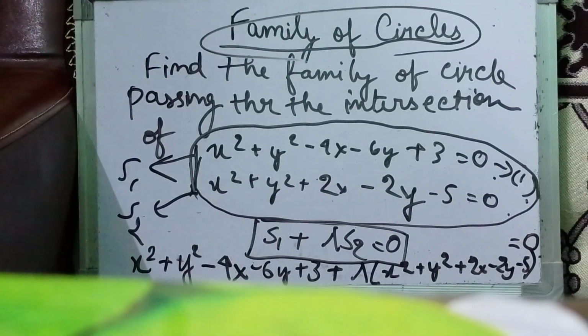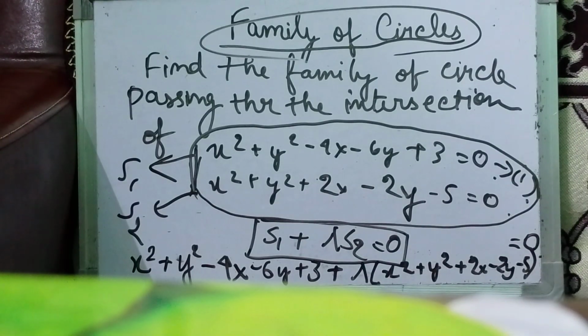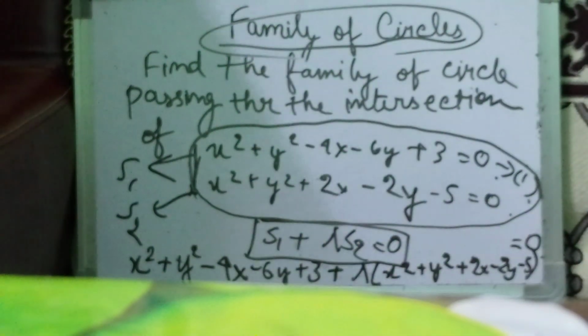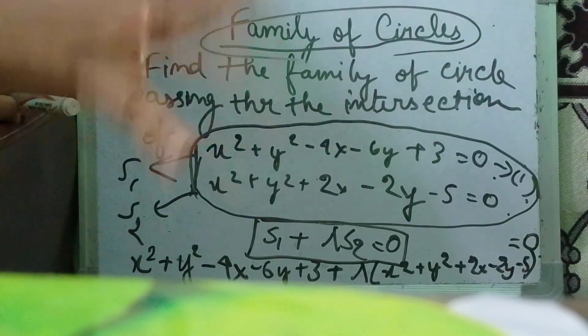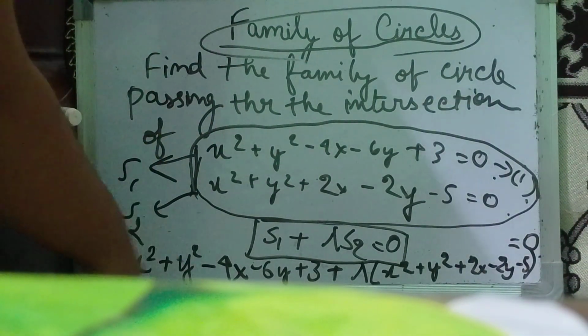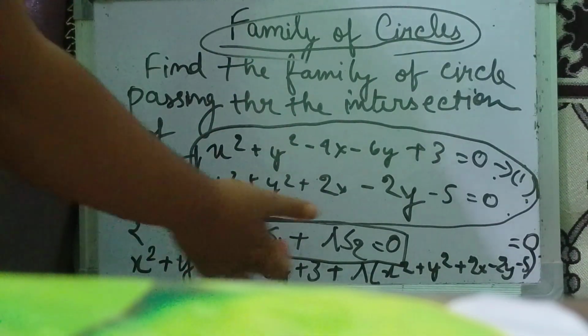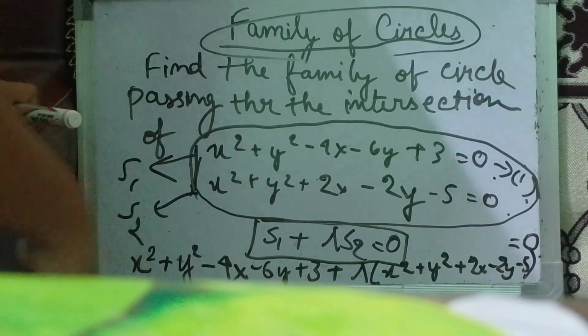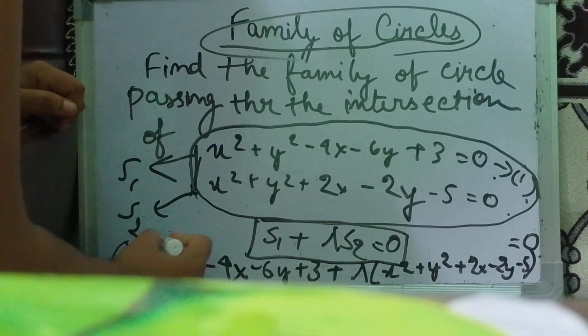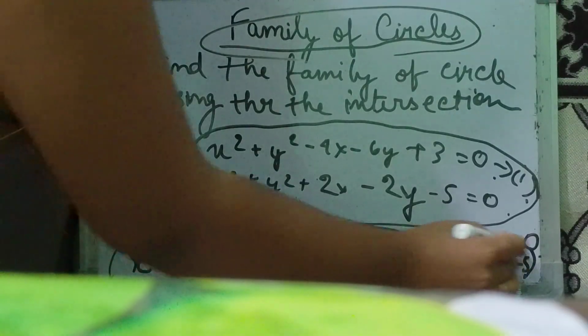So this is the equation. There is no need to solve this equation. Actually this is the total equation of the new circle that is passing through the intersection of these two circles. So no need to simplify this. This is actually the main equation.